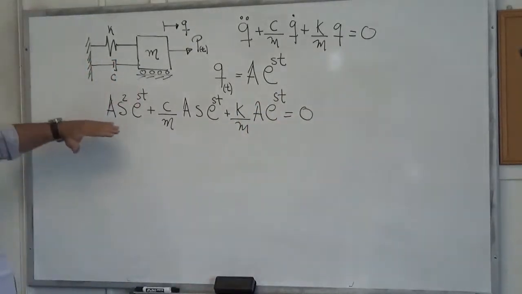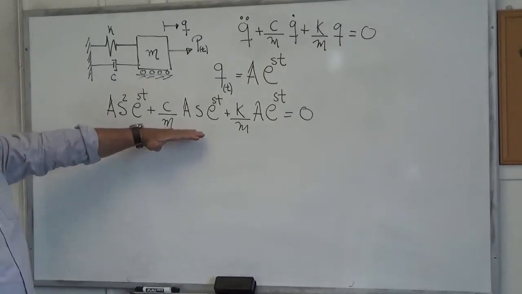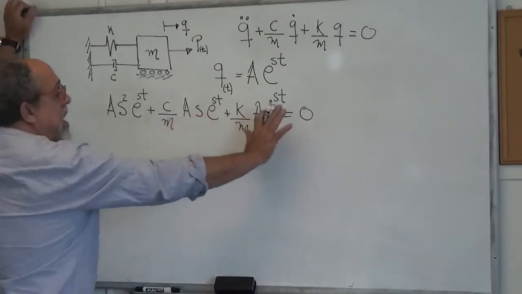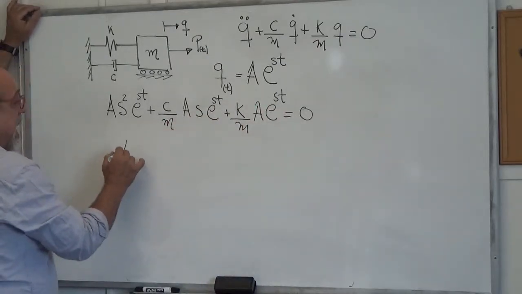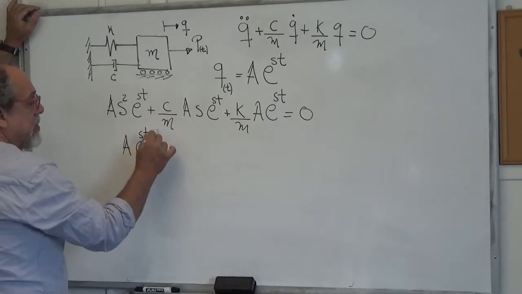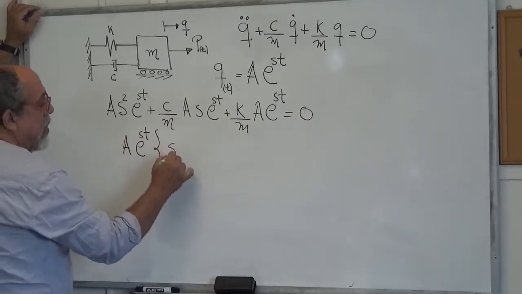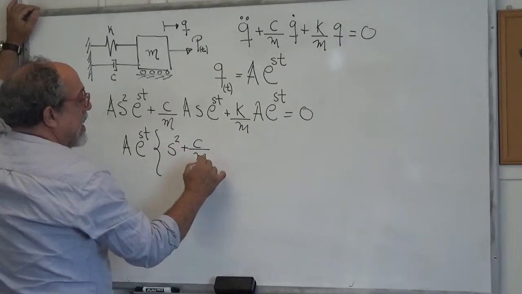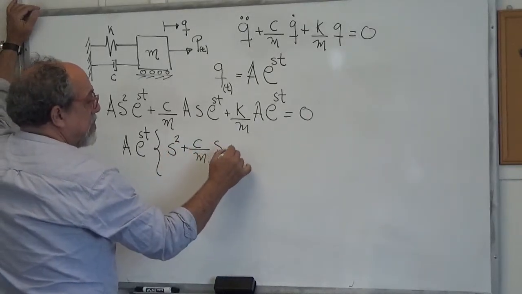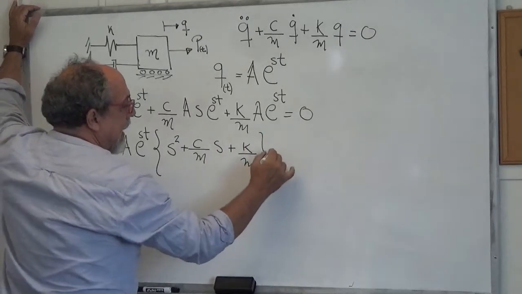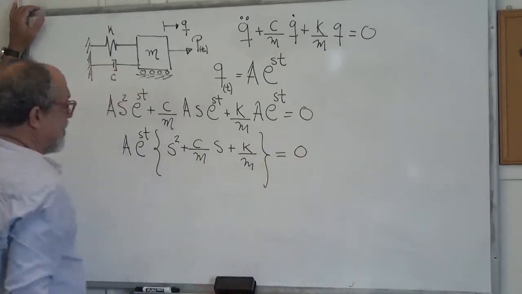Two derivatives, one derivative, no derivatives. So from here we can see that a and e to the st are common factors of s squared plus c over m times s plus k over m. And this must be 0.